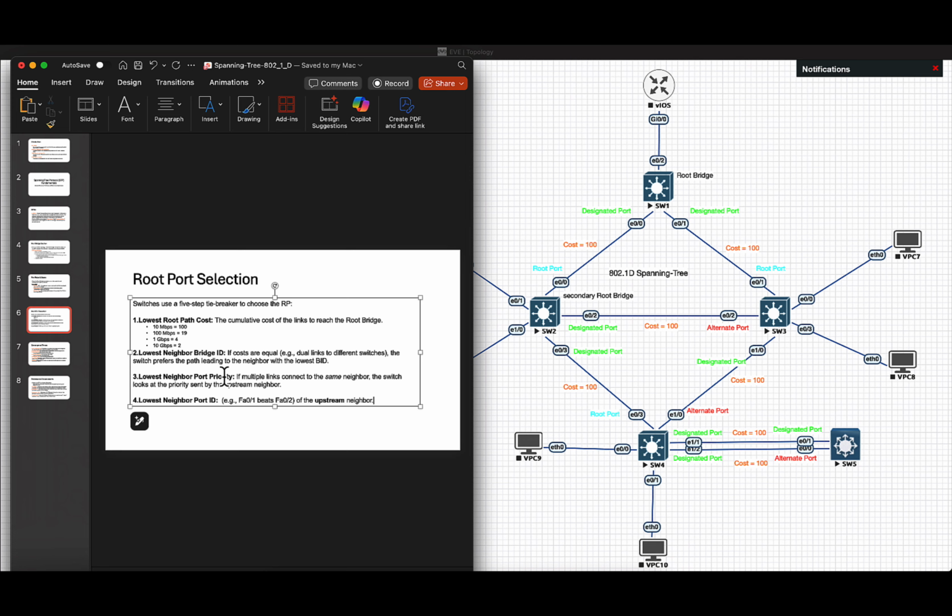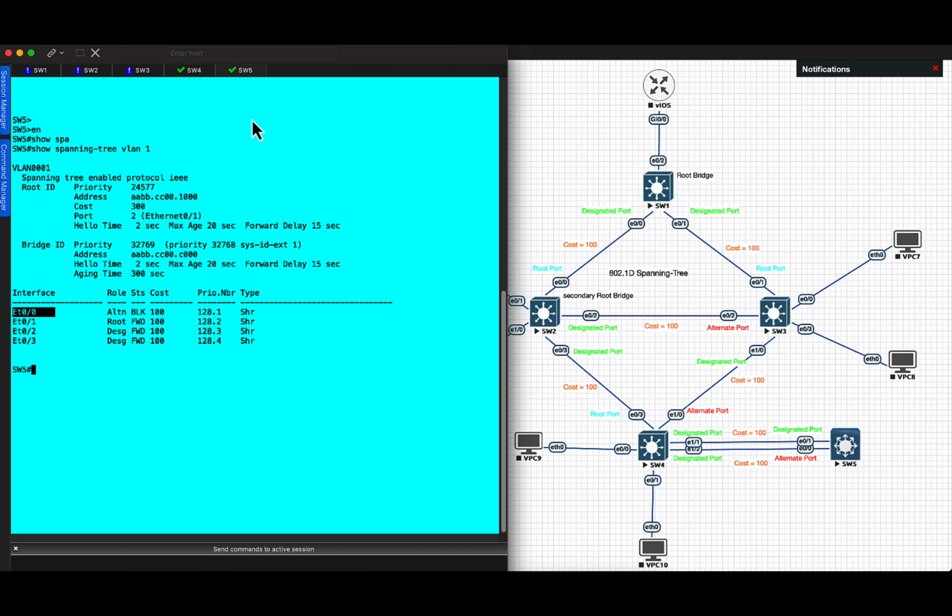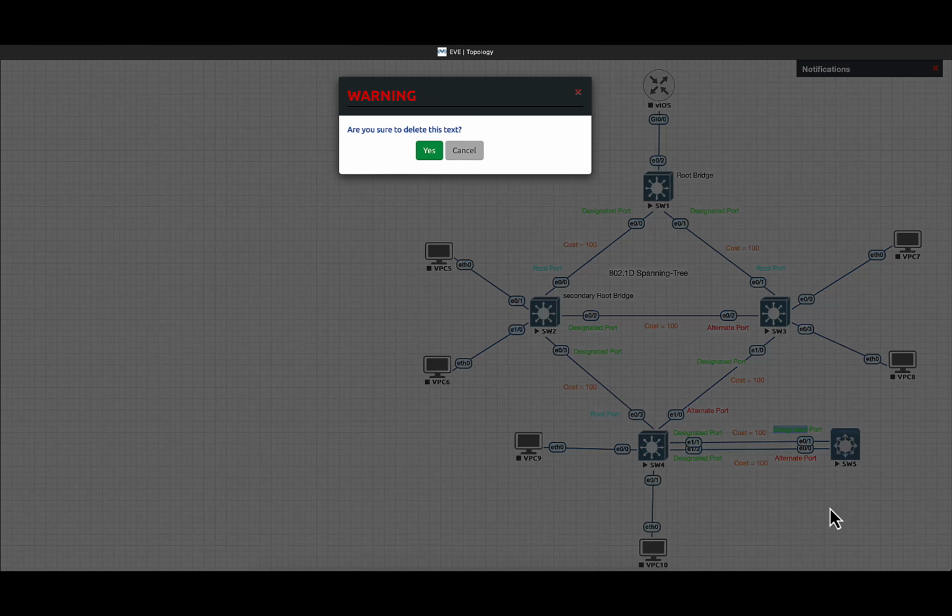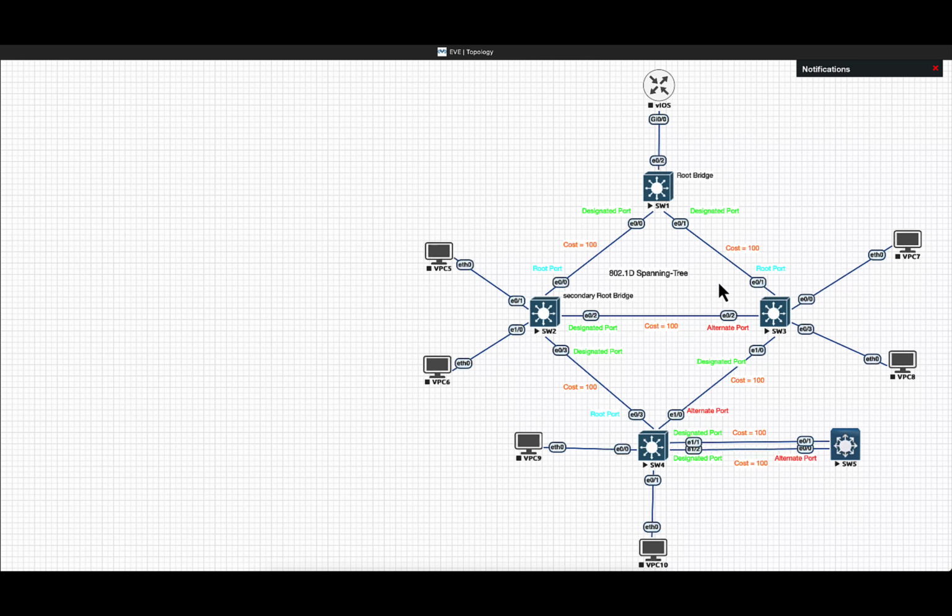Okay, and I'm sorry, let me correct this real quick. Again, every switch that's not the root will need a dedicated interface as a root port, okay?